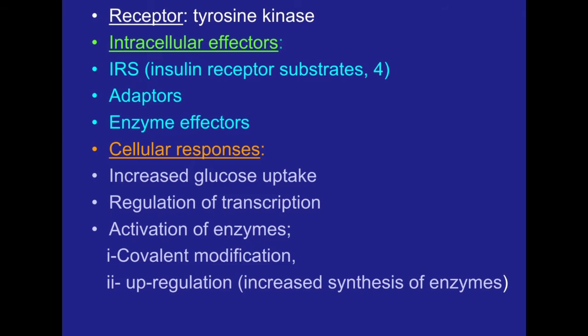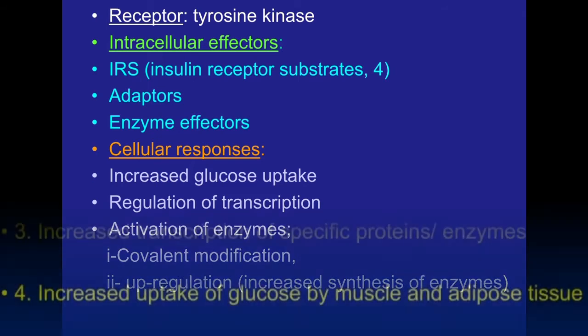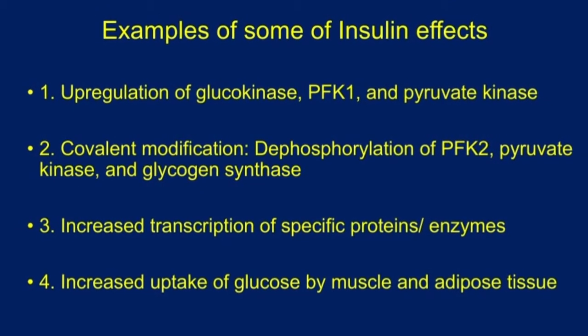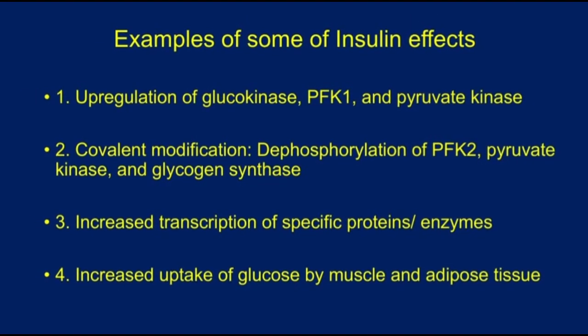Insulin can regulate the transcription of specific enzymes. Insulin can upregulate, for example, glucokinase, PFK1, and pyruvate kinase. It can result in covalent modification by dephosphorylating certain enzymes.